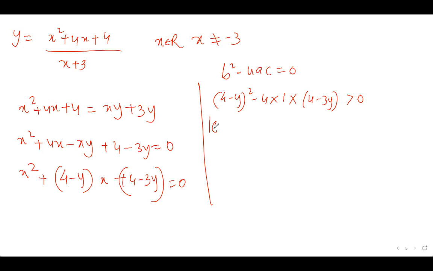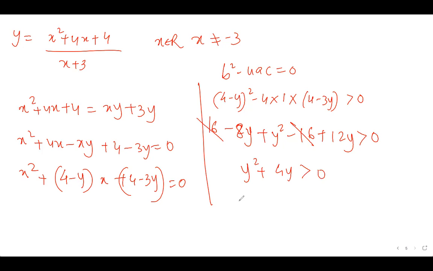So you get 16 minus 8y plus y squared minus 16 plus 12y greater than or equal to 0. Positive 16, negative 16 cancel. You get y squared plus 4y greater than or equal to 0. You draw the sign diagram, 0 and negative 4.